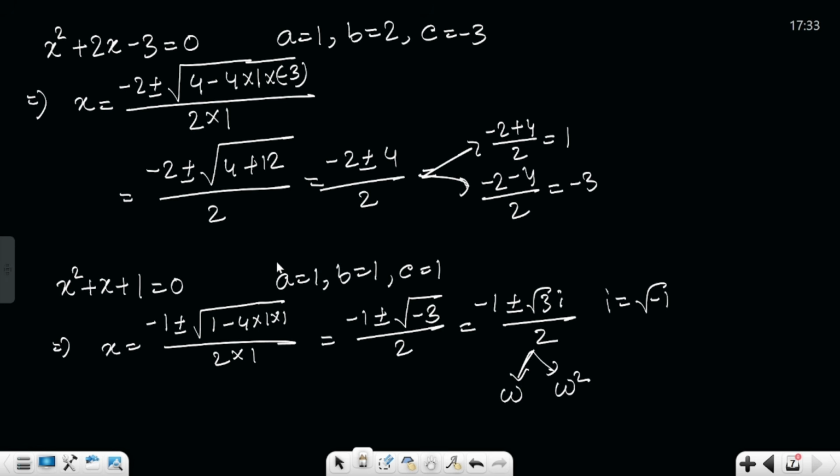So we used this formula and we got these complex solutions. I hope now you can easily see why this is a very important formula. Okay, so now let's go to the next topic, which is discriminant or nature of roots.